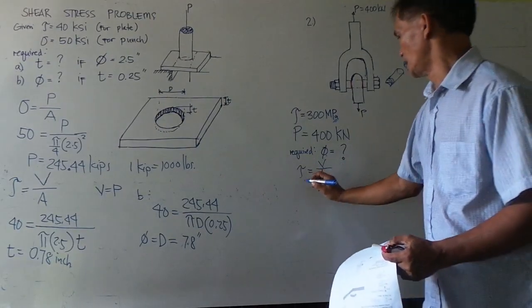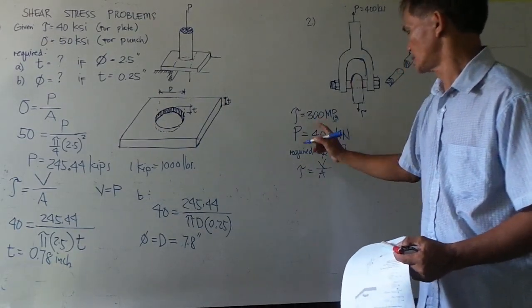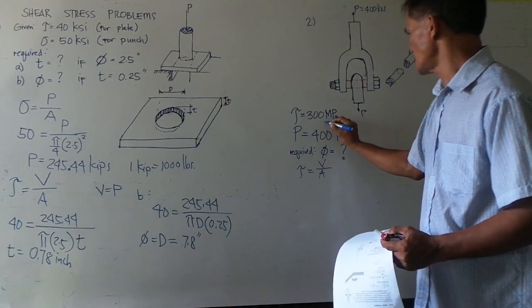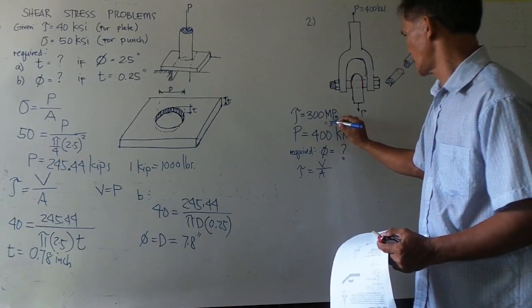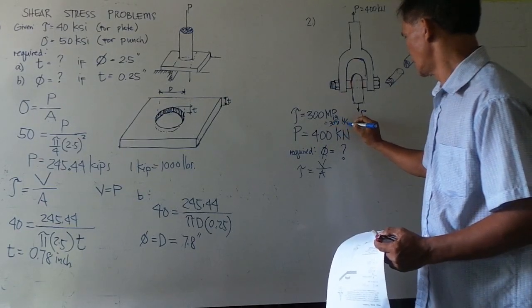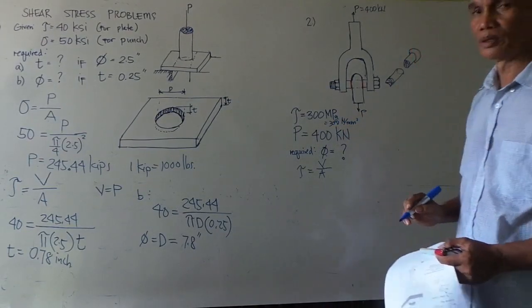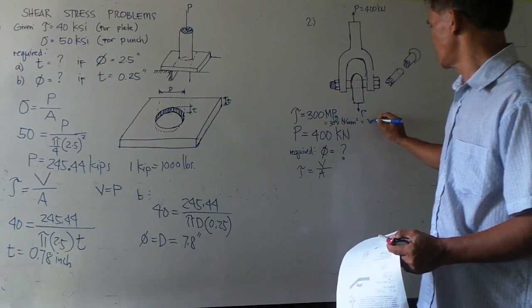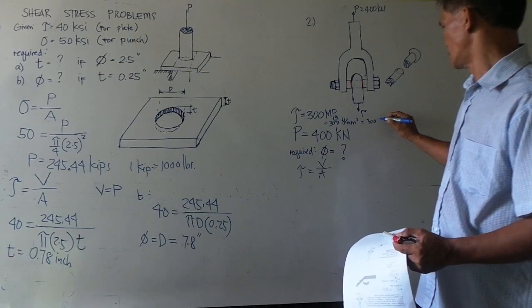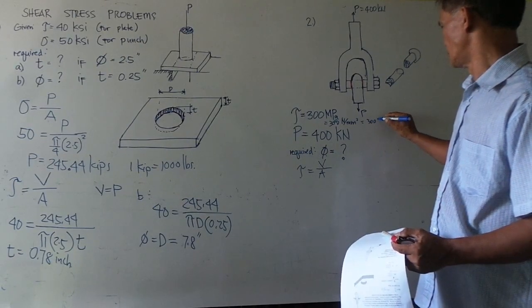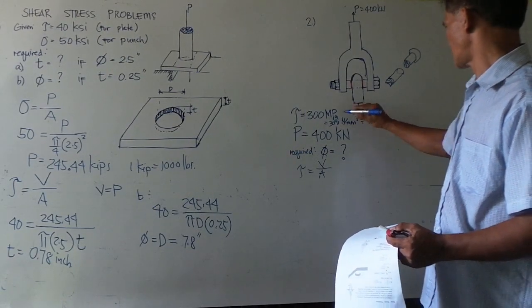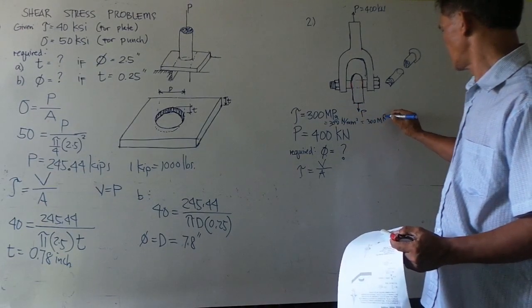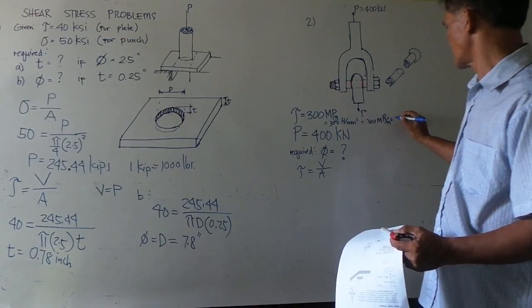So, meaning that given the shear stress of 300 megapascal, take note that 300 megapascal is just equal to 300 Newton per mm squared. Or it can also be Newton per meter squared.